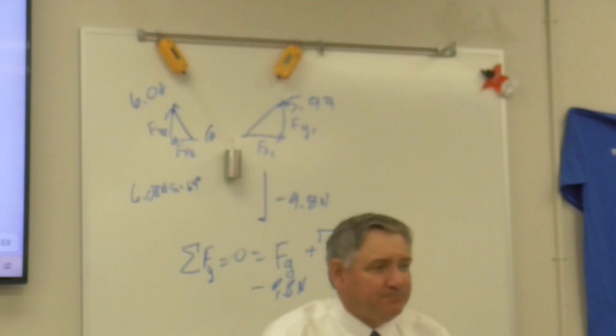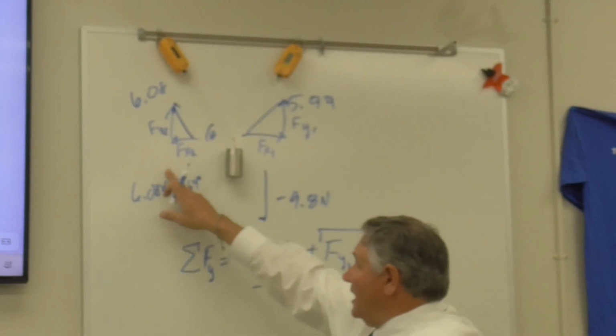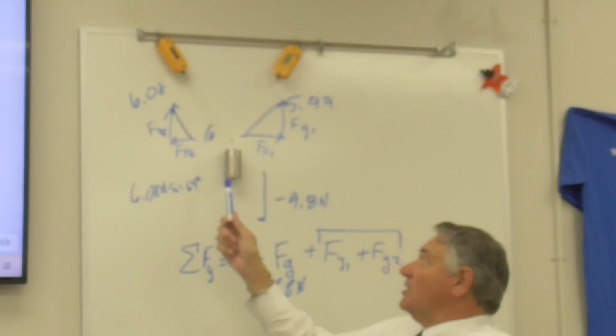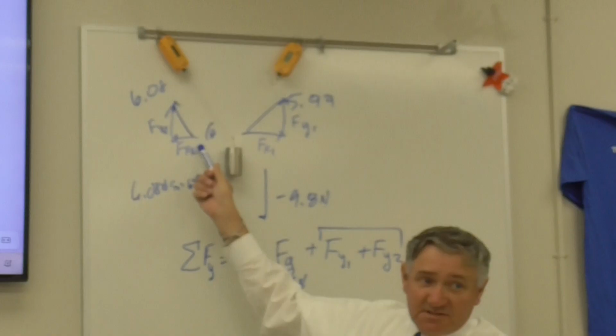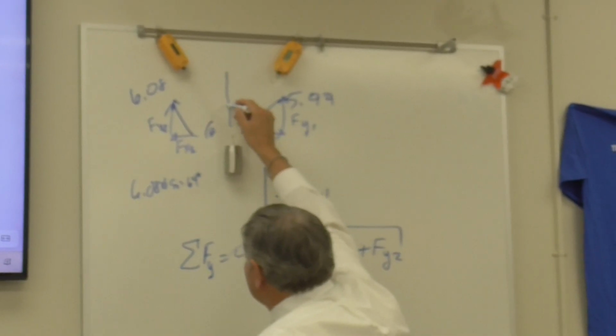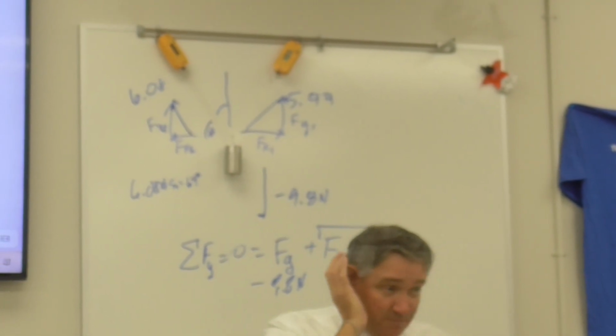Over here, how can I get my Fx? Cosine. So that's if I measure this angle. Sometimes you're given this angle, so you have to watch what angles you're given or what you're measuring.